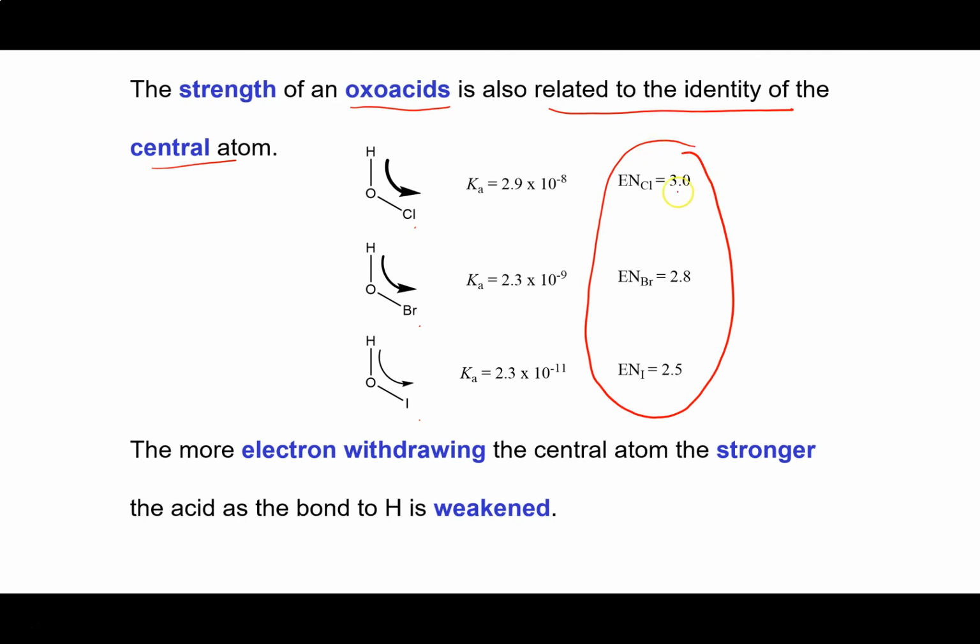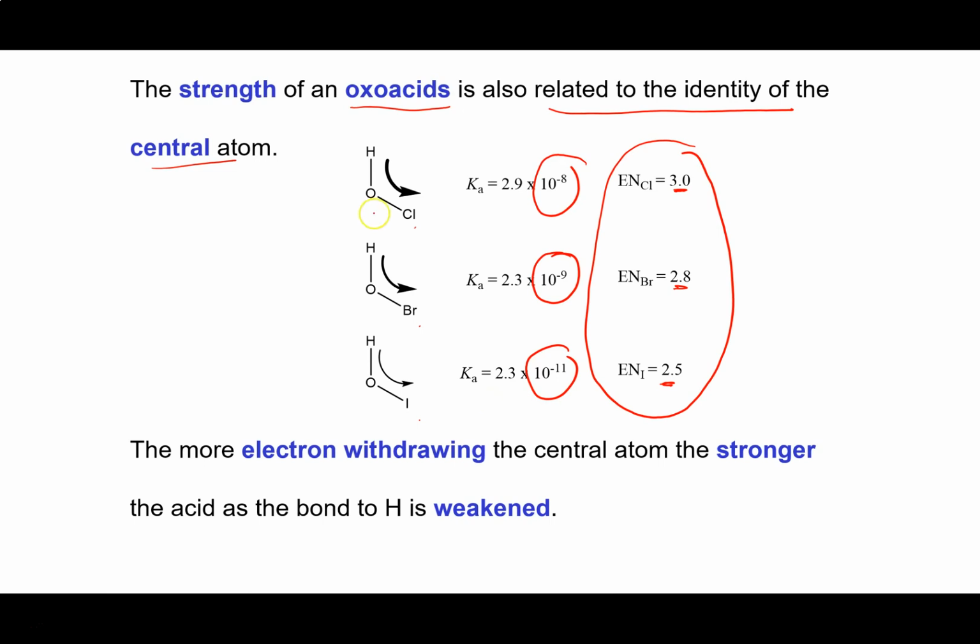And what we see is as the electronegativity of the central atom increases, the acid strength as characterized by the Ka also increases. So this guy's got a pretty big Ka, 10 to the minus 8. This one, it's like 10-fold smaller, 10 to the minus 9. And this one here is 1,000 times smaller, 10 to the minus 11.